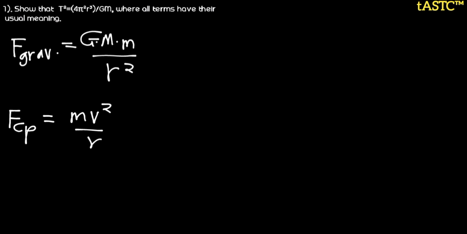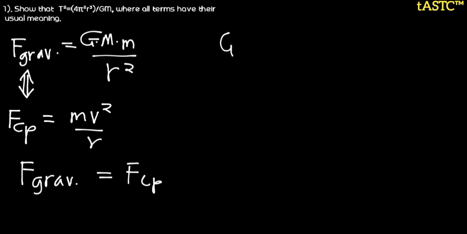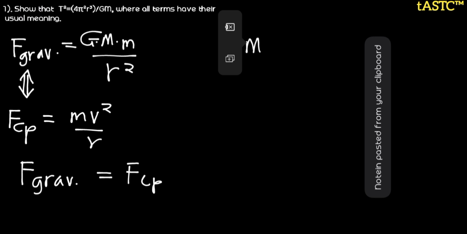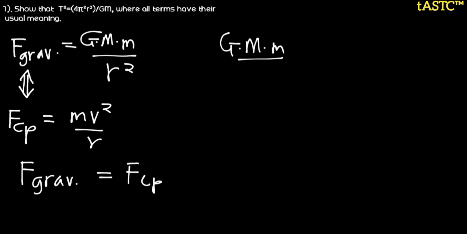Yeah. Now we already know that force is always going to be a force. Whichever kind of force we're using, there's still going to be forces. So since we know that the gravitational force, that will be F grav, is equal to the centripetal force, then we can say that GM multiplied by small m divided by r squared is going to be equal to m v squared divided by r.